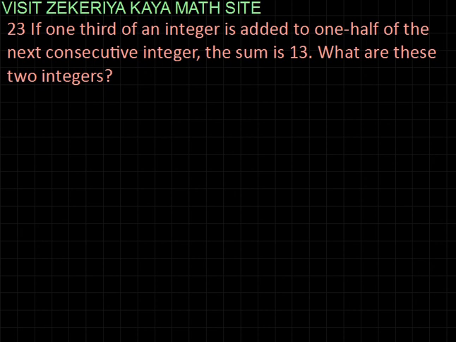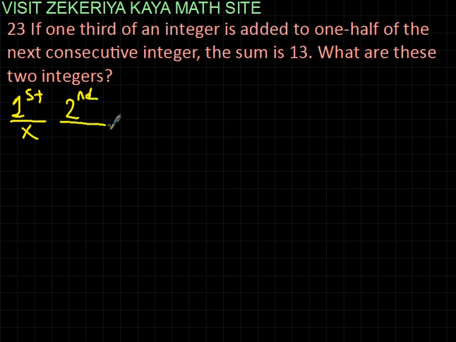1/3 of an integer is added to 1/2 of the next consecutive integer. The sum is 13. So find these integers. So we are talking about 2 consecutive integers. If I say that the first is x, what is the second?